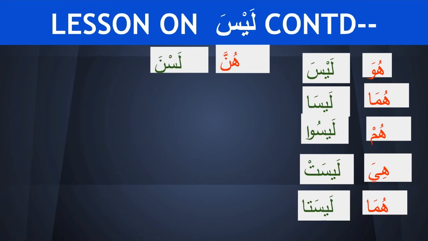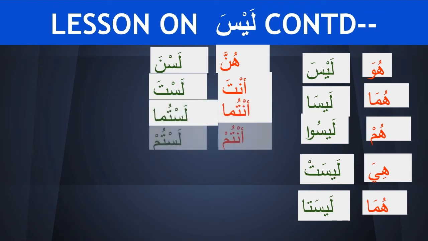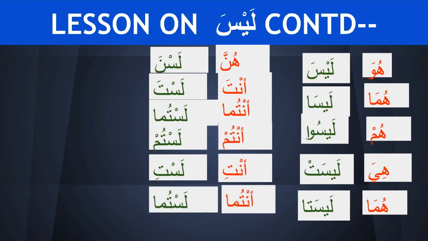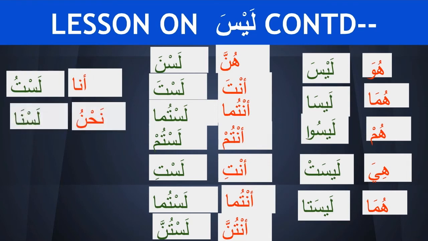Now we know why it becomes lasna: because lam kalima gets sukoon, and because the second radical has got a sukoon, ya being a weak letter, that letter is dropped completely, so we get lasna. So hunna lasna, anta lasta, antuma lastuma, antum lastum, anti lasti, antuma lastuma, antunna lastunna, ana lastu, nahnu lasna.